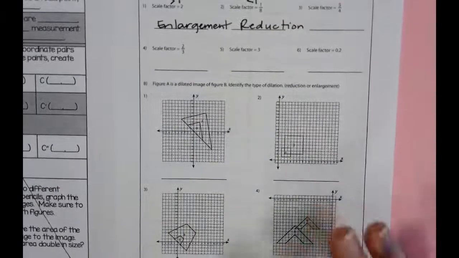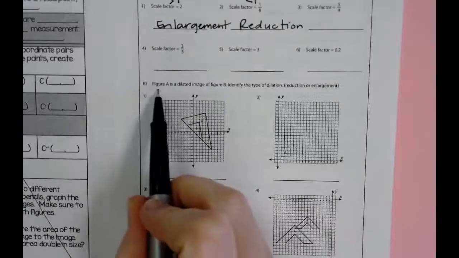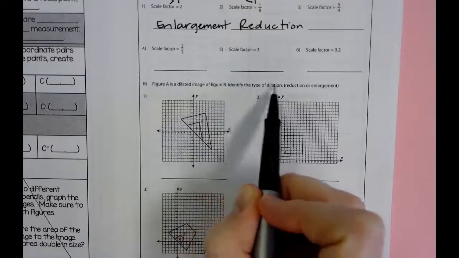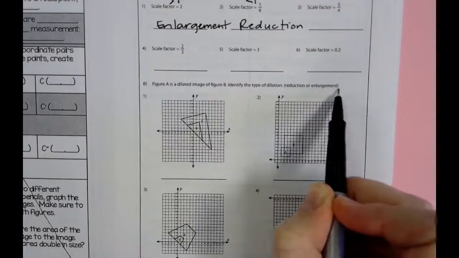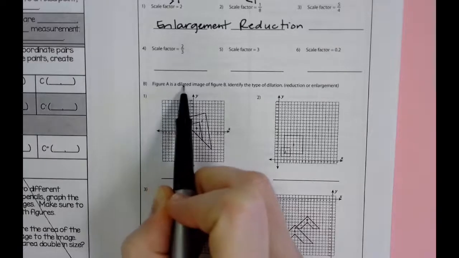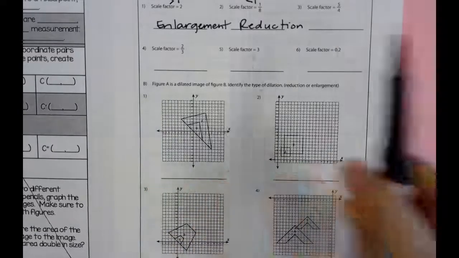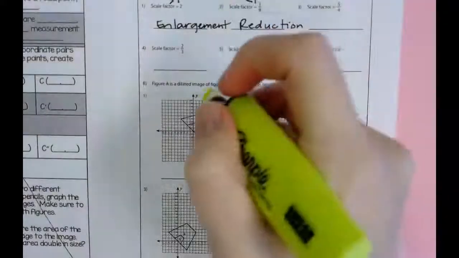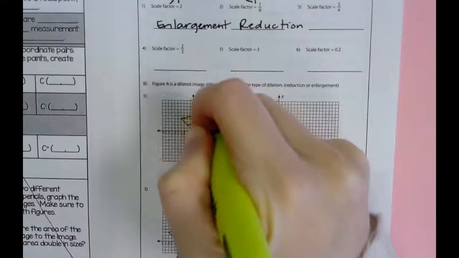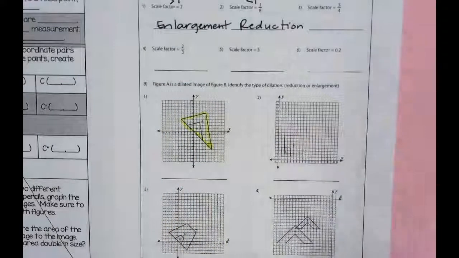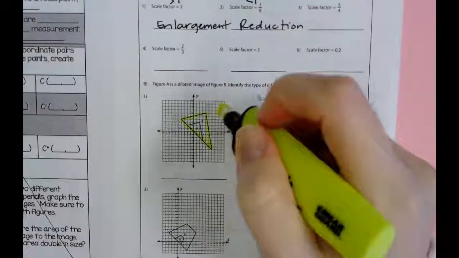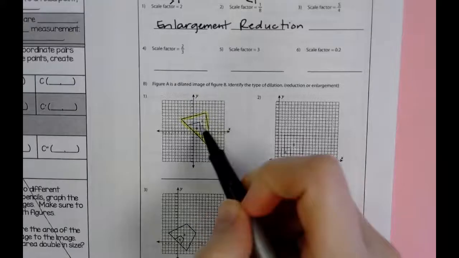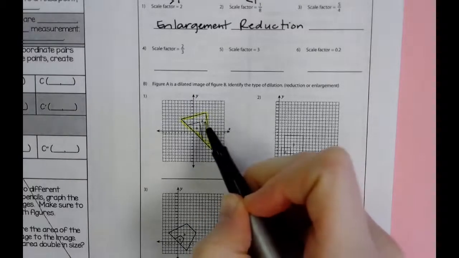Okay, so looking down here at part B, it says figure A is a dilated image of figure B. Identify the type of dilation, reduction, or enlargement. So I'm going to highlight figure A. All right, so here's figure A. Remember, A is a dilated image of B. So how am I going from B to A here?